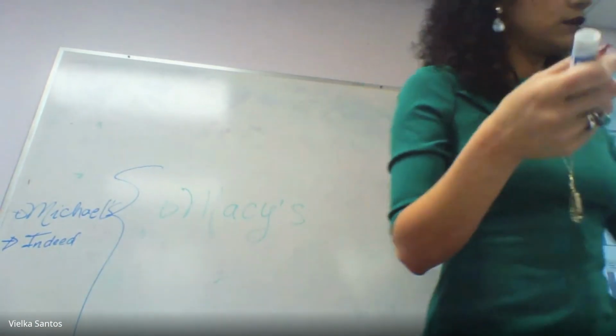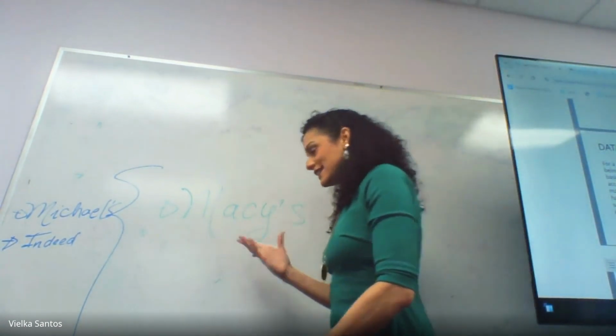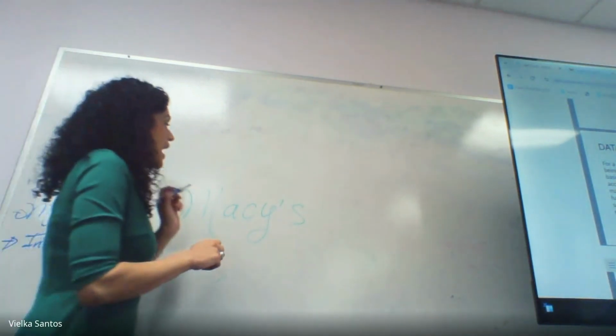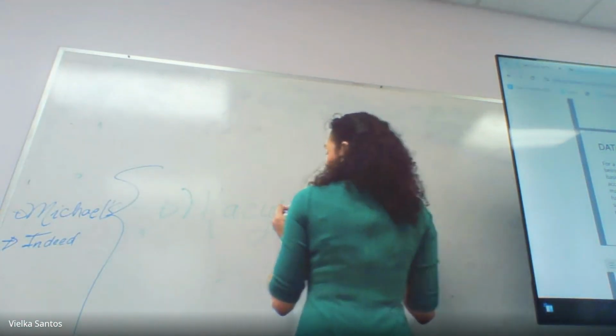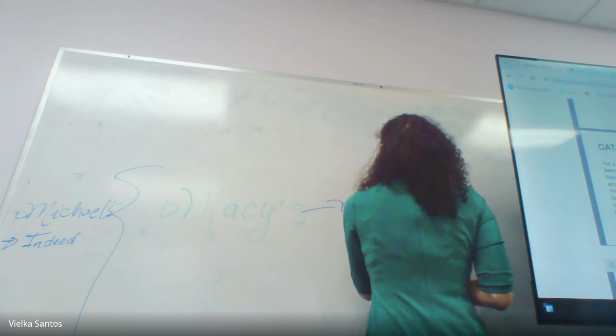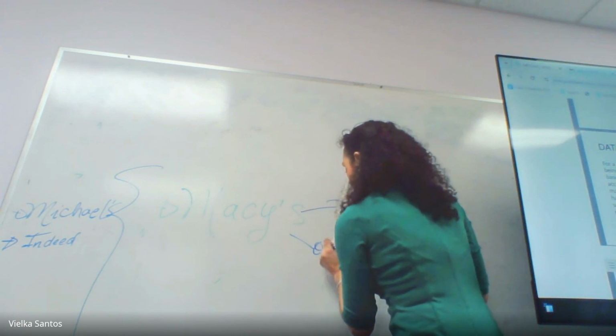And let me ask you something now. Do you think that a company like Macy's, like Ingy mentioned Macy's, will have the same database for marketing and also the same database they use for operation, for example?